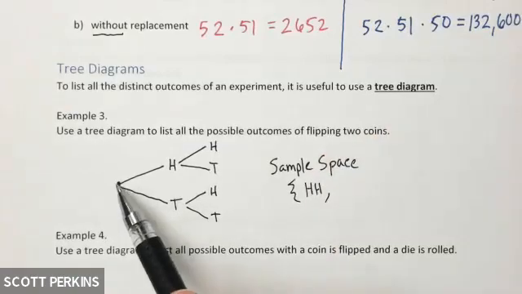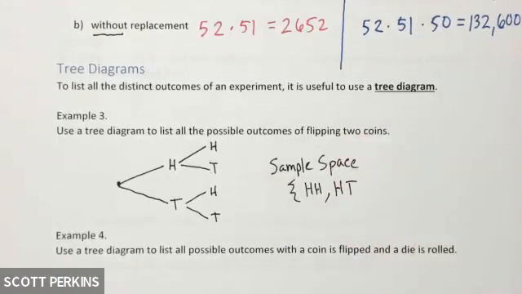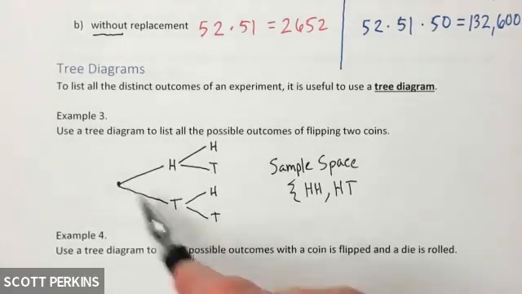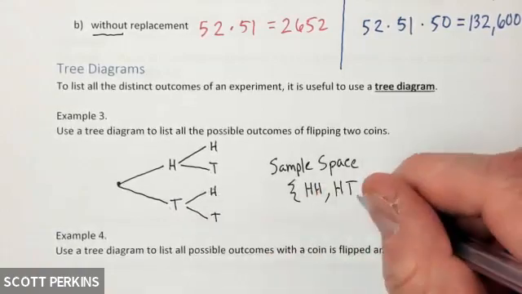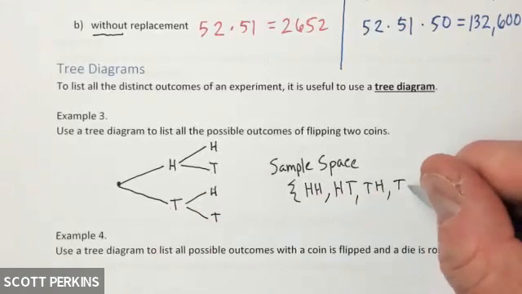The second outcome is HT, heads, tails. The first coin's a head, the second one's a tail. Then the bottom branches, first coin's a tails, second's a heads. And then finally, tails, tails.